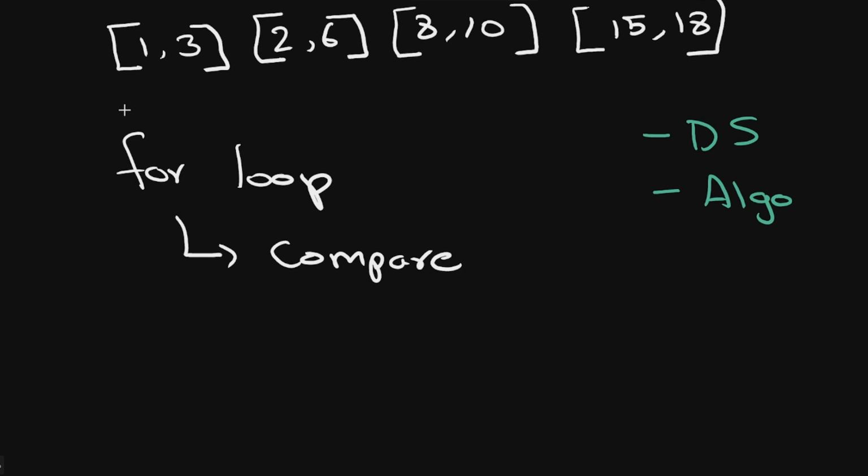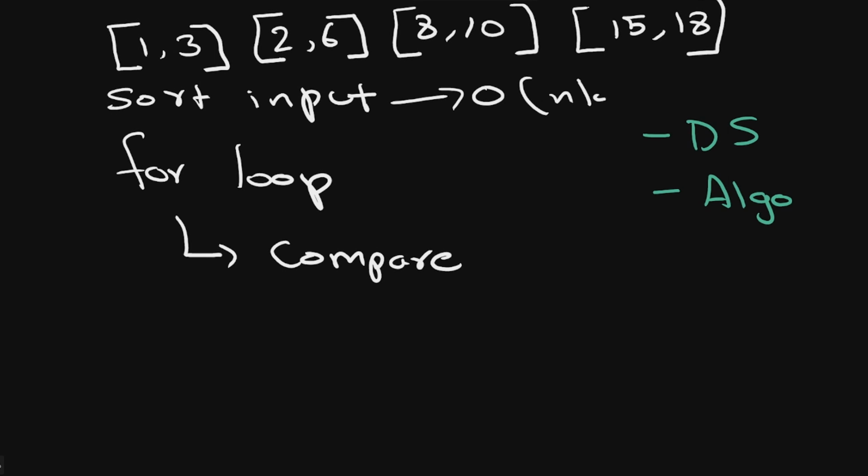And above this for loop, we're going to have the sorting of the input. Now, since we're only comparing to the item before, we don't have a nested for loop, so we know for sure that we don't have an n squared complexity. Speaking of complexity, our sort input would be big O of n log n.